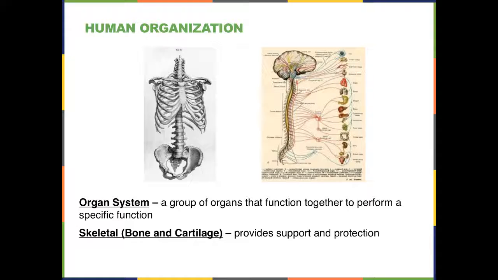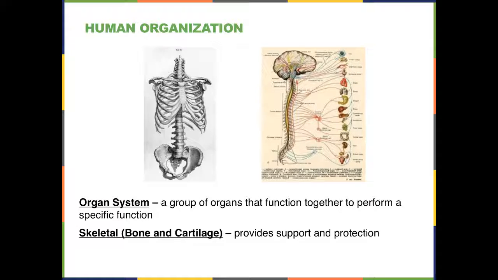On the left here, we have the skeletal system, or the skeletal organ system. It is composed of bone and cartilage. This is not the entirety of the skeletal system. I mean, obviously the arms and legs are not included, the skull is not included. So there are parts that are missing here. It also includes the joints, and this provides support and protection.